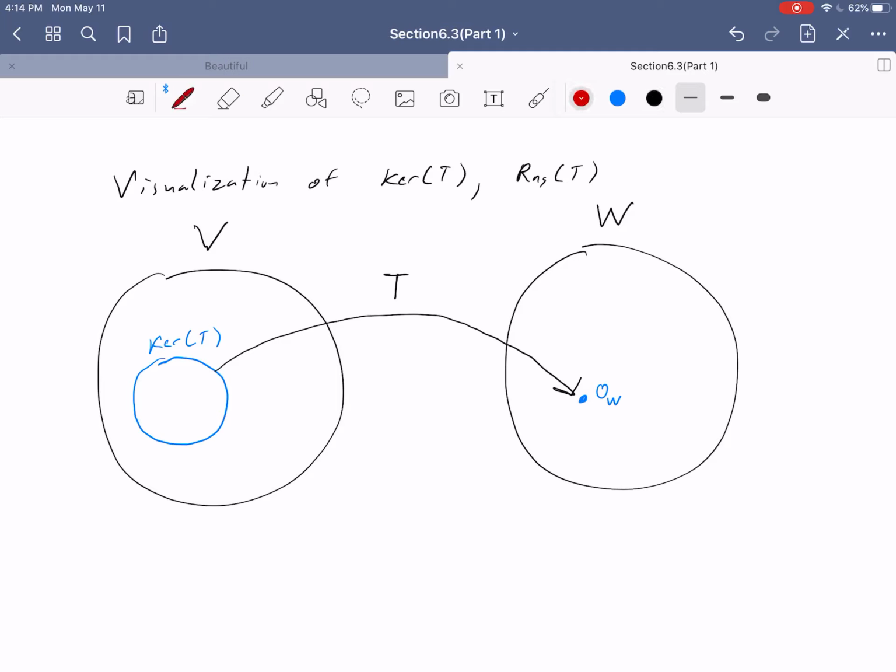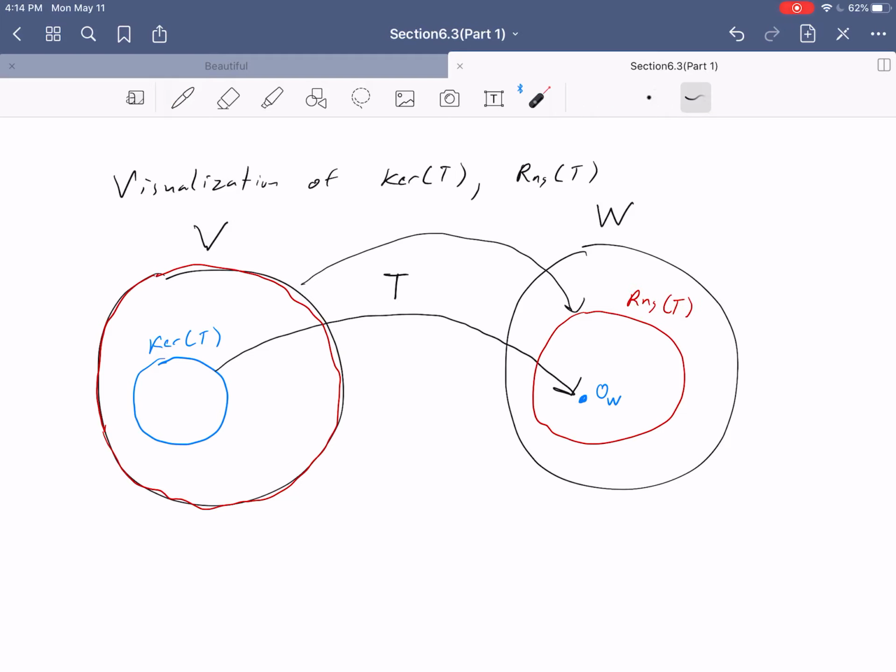Well, the range, we're saying, is that if you take everything in V, everything in your domain, then under that transformation, it is going to be brought into some subspace of W that we call the range of T.